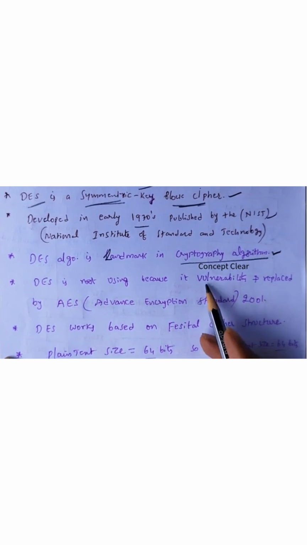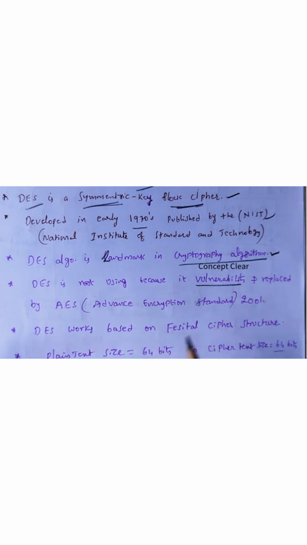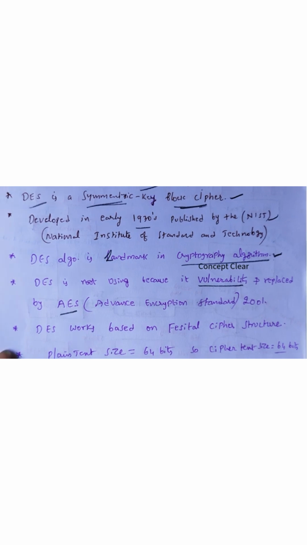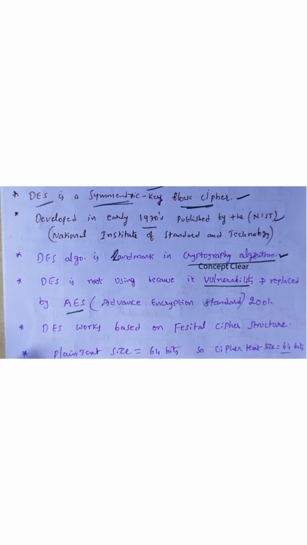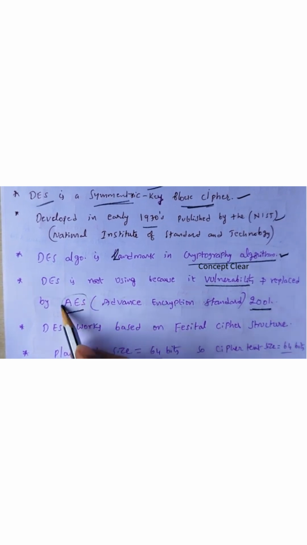Why? Because it is vulnerable. If it is vulnerable, a hacker can hack even a message secured with the DES algorithm by using several techniques. So it is not used currently, and the DES algorithm was replaced by the AES algorithm, Advanced Encryption Standard, in 2001. We will discuss AES in the next class.